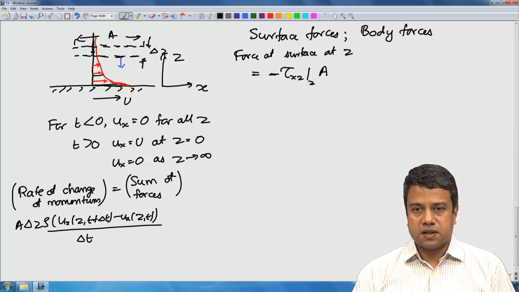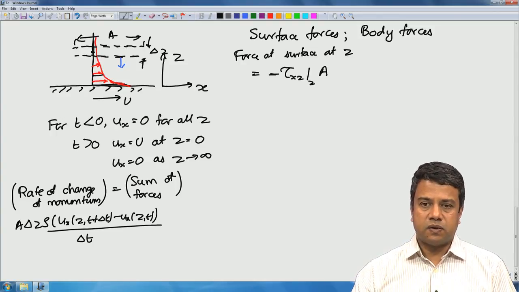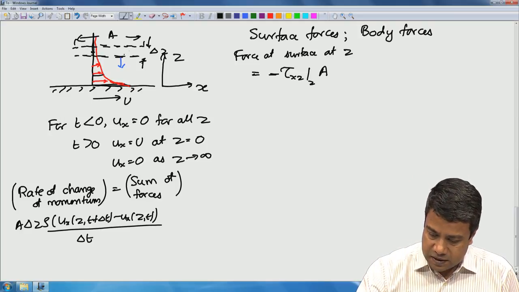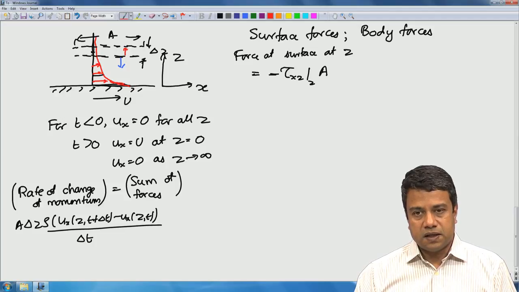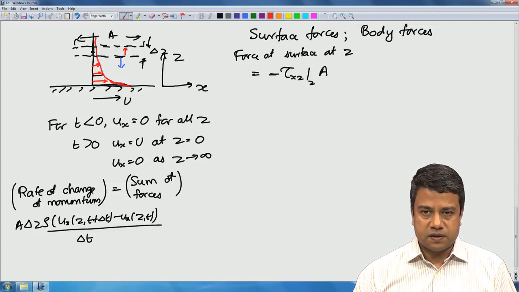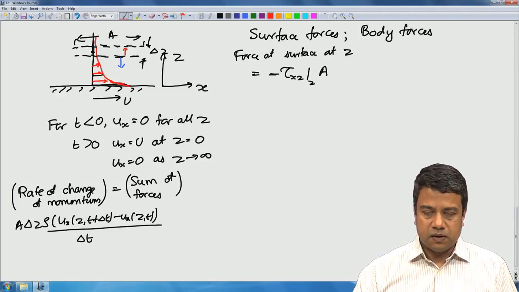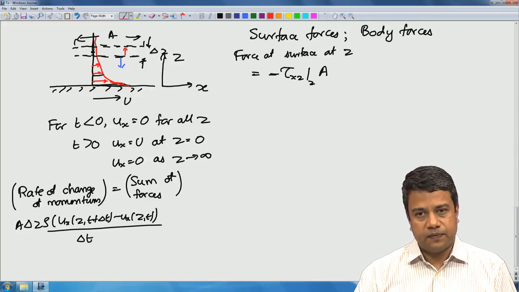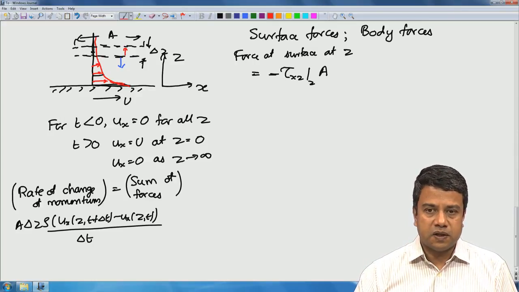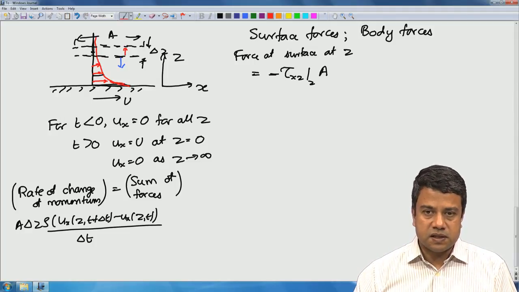Tau x z is the force exerted at a surface whose outward unit normal is in the plus z direction, which tends to increase the momentum in the volume below this surface. In this case, the outward unit normal is in the minus z direction. Therefore, the force at the surface is equal to minus tau x z times A. So, one has to be careful about the sign convention that is adopted. So long as you adopt a consistent sign convention, the result will end up being the same.